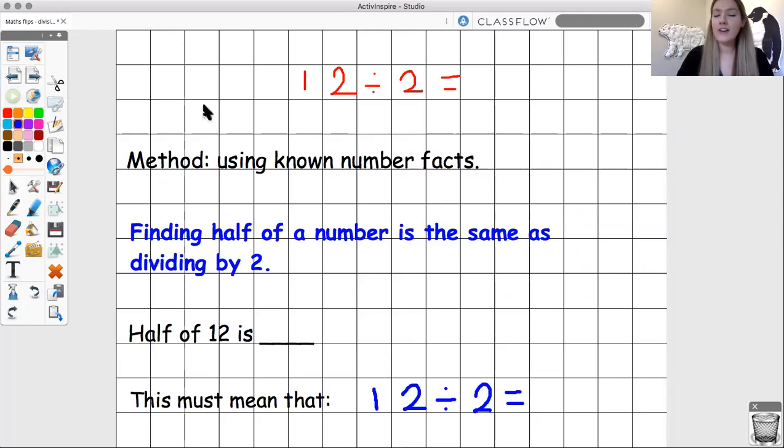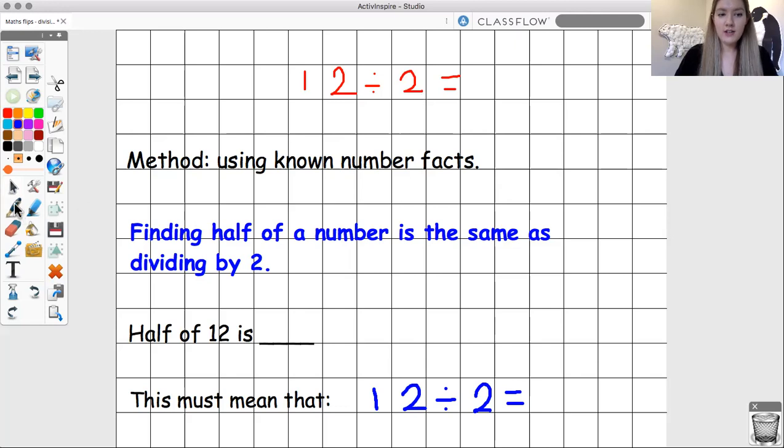So another way you could have solved this is to use known number facts. For example, you might not realise, but finding half of a number is the same as dividing by 2. So you could have worked out that 12 divided by 2 is the same as finding half.